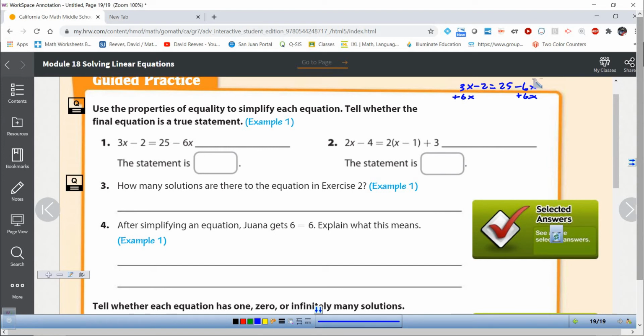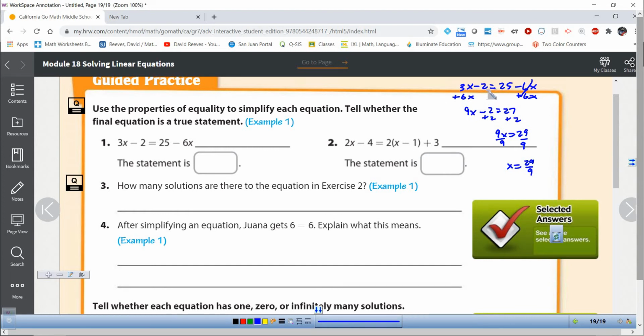And that would give me, these would cancel, I would get 9x minus 2 equals 27. All right, then I would add 2 to both sides, and I would get 9x equals 29. And then I would divide by 9, and it's not going to go in evenly, so I would get x equals 29 over 9.